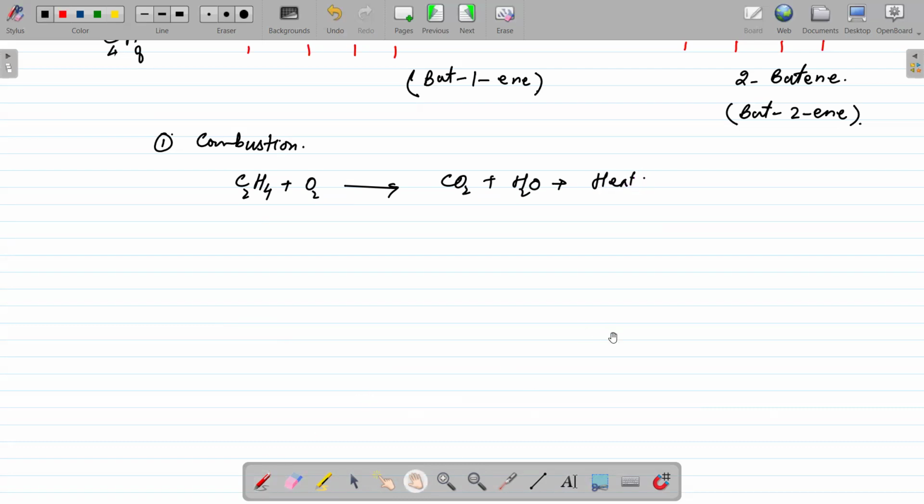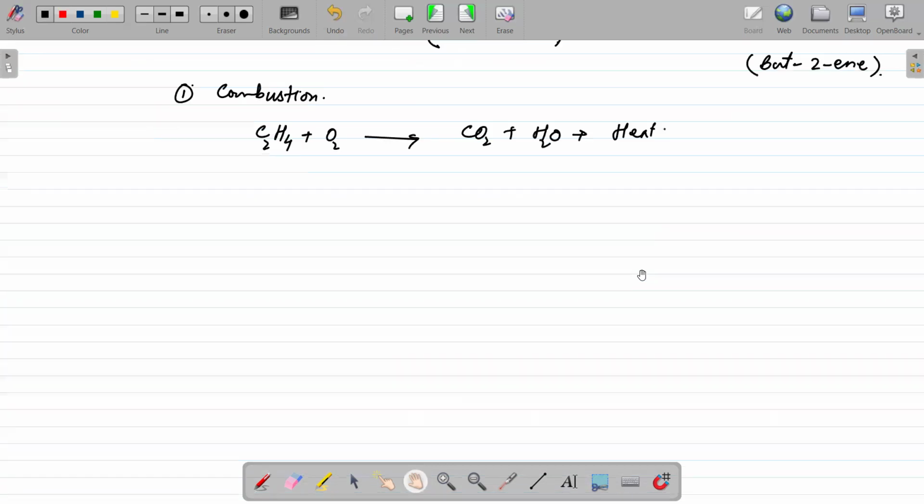But the most important reactions of these alkenes, which we are going to discuss now, they are their reactions because of the double bond. As we know, we named these hydrocarbons as unsaturated hydrocarbons.